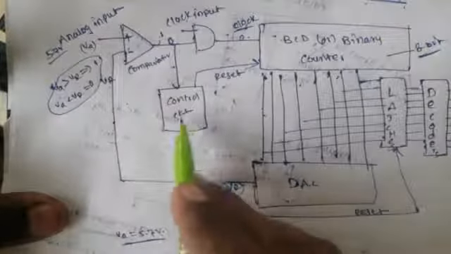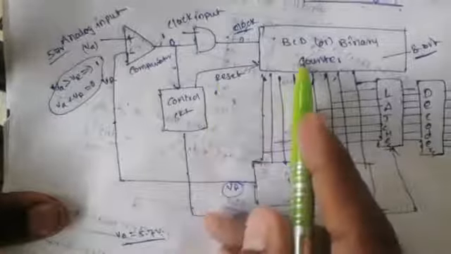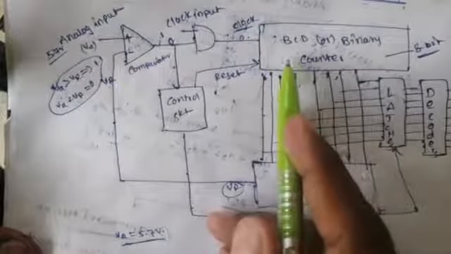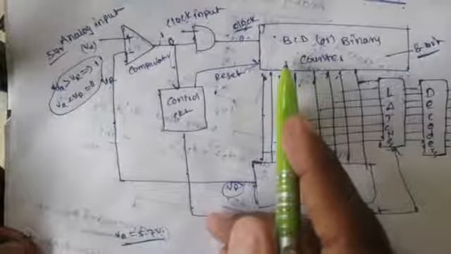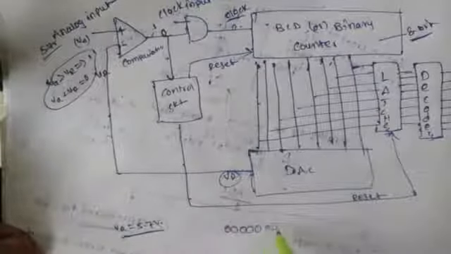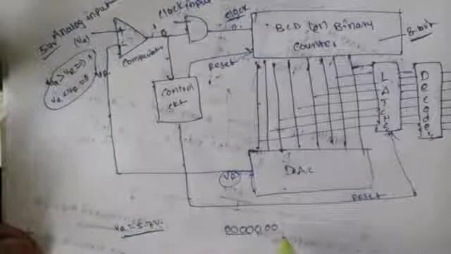Initially the control unit resets the binary counter value. If it is reset to 0, the binary counter will have 0 output, so initially it will be 0 0 0 0 0 0 0 0, a total of 8 bits.